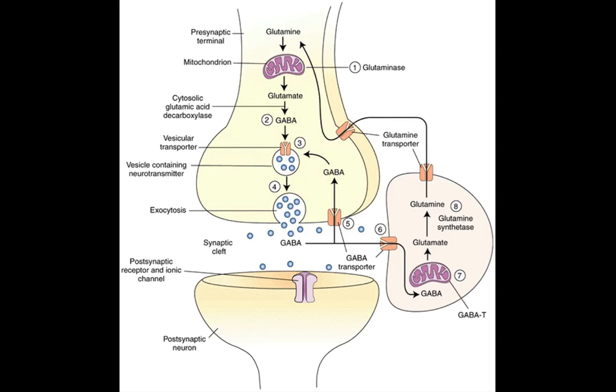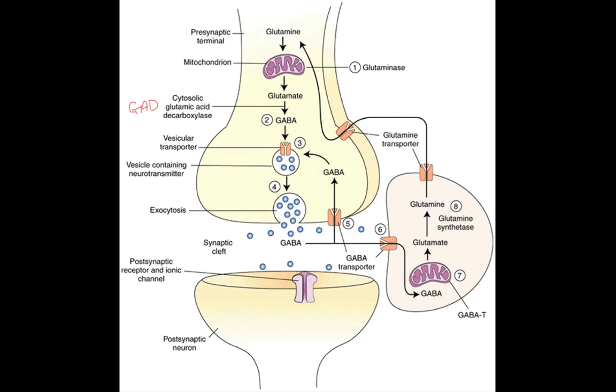This glutamate is then converted to GABA using the cytosolic enzyme. They have glutamic acid here, but glutamic acid is another word for glutamate. It's the same thing. So glutamate decarboxylase, in other words the GAD enzyme here. Once GABA is synthesized, the GABA is stored in vesicles.